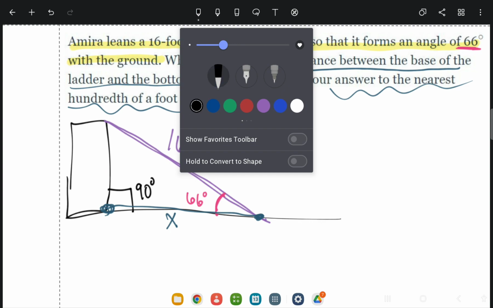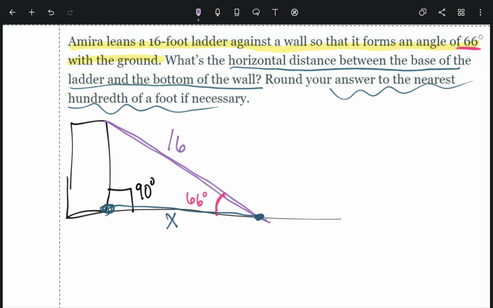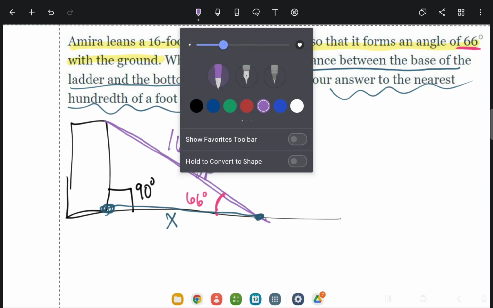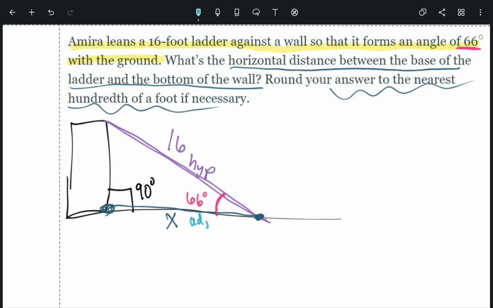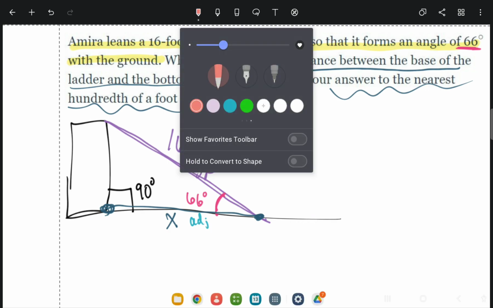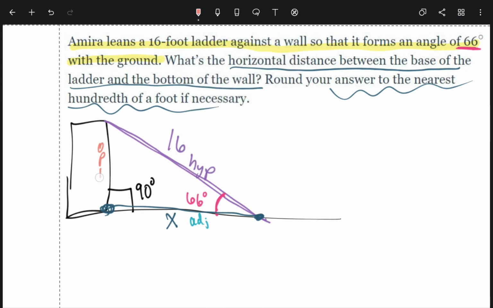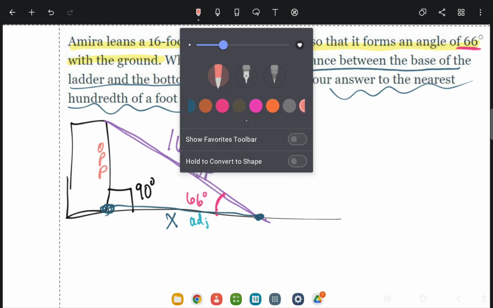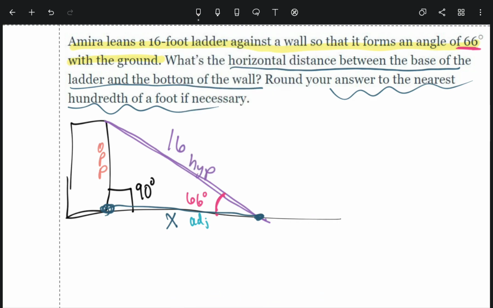So let's take a look at our information. The angle of 66 degrees is our reference angle. This will be our hypotenuse. This side down here is our adjacent. And the wall will be our opposite. I see we are given the angle and the hypotenuse.